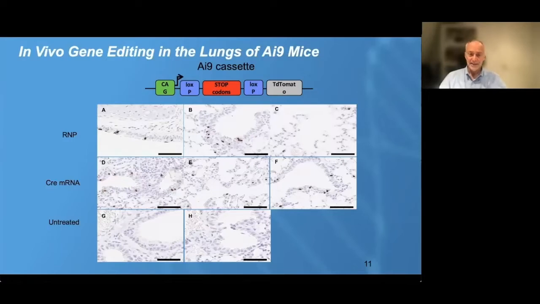And then we transfected the mouse by oropharyngeal instillation with nanoparticles containing RNPs or Cre mRNA, and showed that in both cases we did see cells where tdTomato expression was restored.